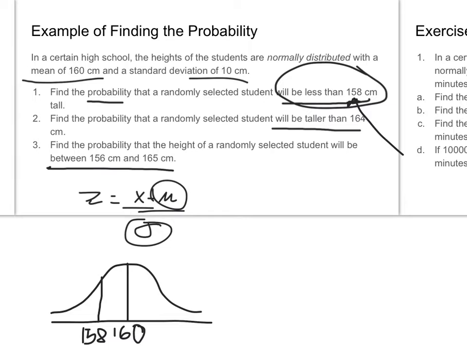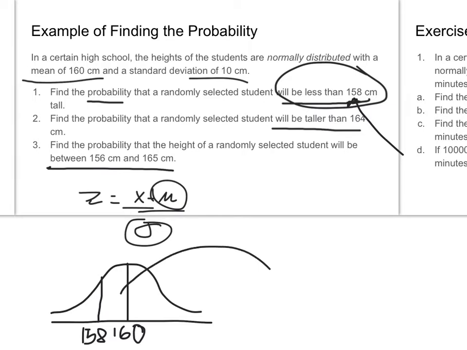To find the probability, we have to find the area either to the left or to the right, depending on the question. Although in this case we have to consider probability which will be less than, so that means we have to find the area to the left. So finding probability is finding the area under the curve for the standard normal distribution.